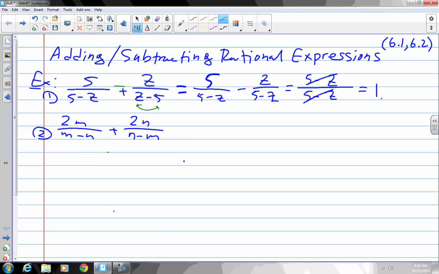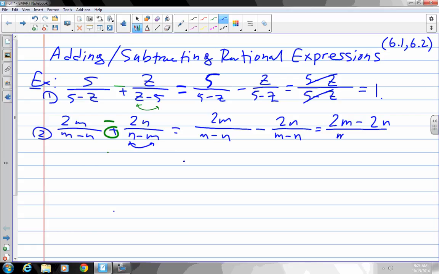Yeah, flip them. Again, if we flip them around the minus sign, the sign of your entire expression becomes negative. So therefore, we end up with 2m over m minus n minus 2n over m minus n. And when you put them together, you just subtract the numerators. You keep the denominator the same.